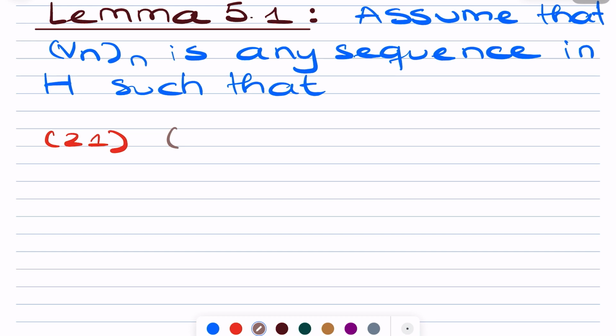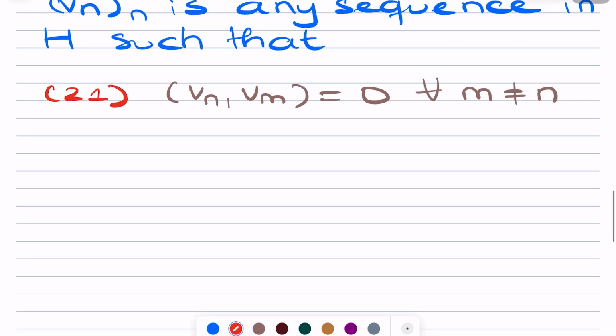So the scalar product of Vm comma Vn is equal to 0, provided that m is different from n, right? And also relation 22 holds.